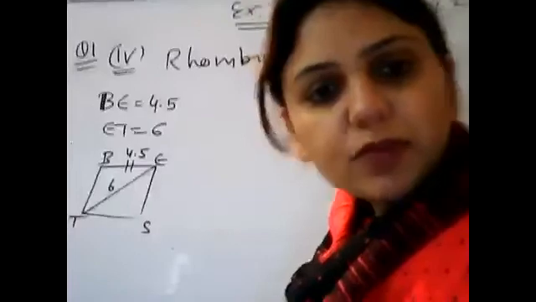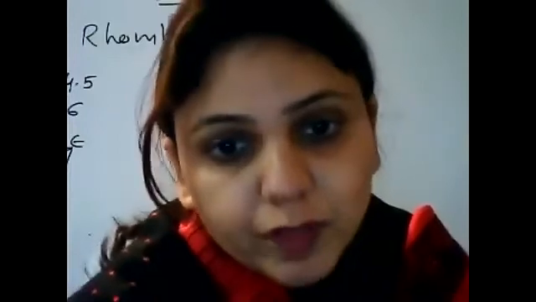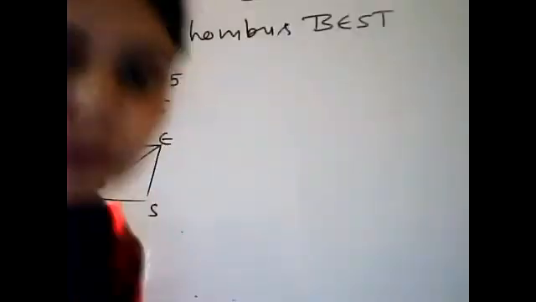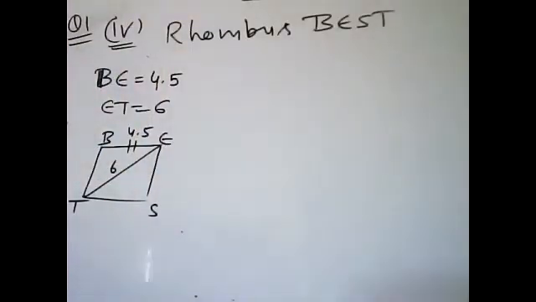Whenever in exam you will be having the question related to construction, you need to draw the rough sketch first of all. When diagonal is given, you start the construction with diagonal.